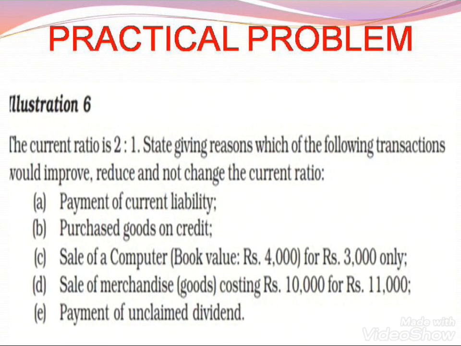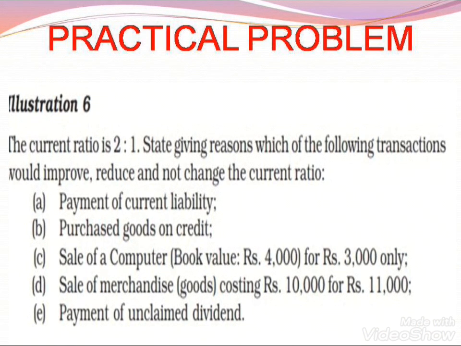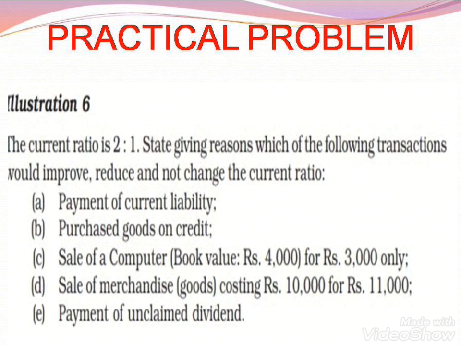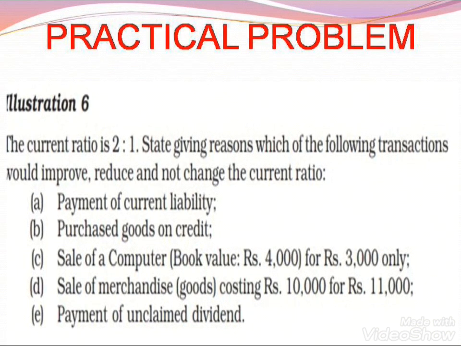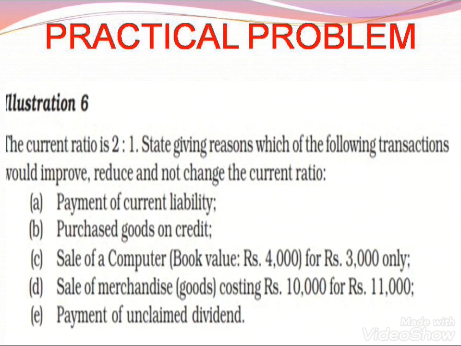Here is another illustration that we have taken from the NCERT book for the practical problems. In this illustration, the current ratio is given, that is 2:1. Now we will have to give reasons which of the following transactions would improve, reduce or not change the ratio. Certain transactions are given.